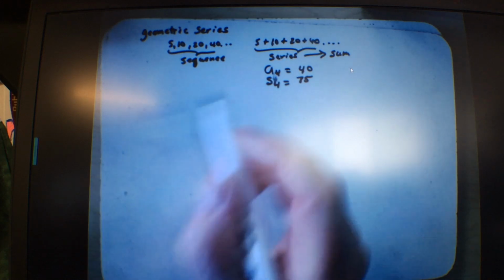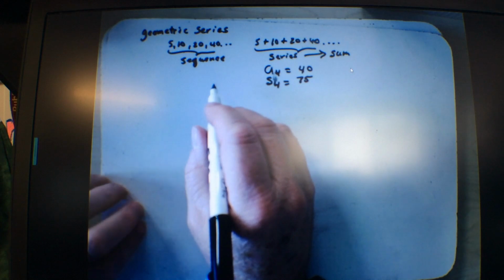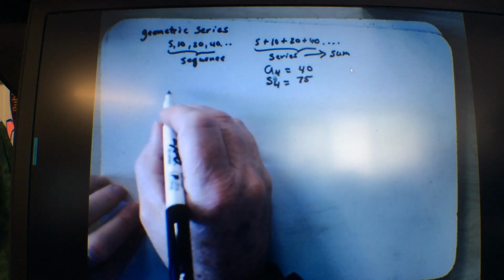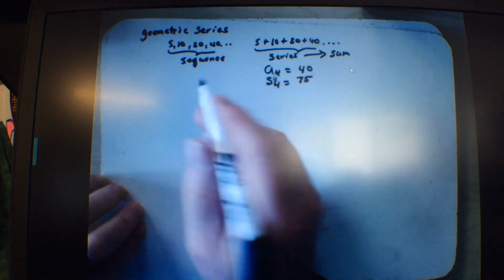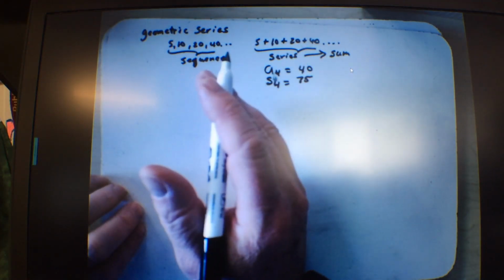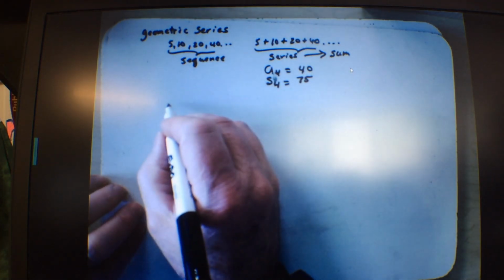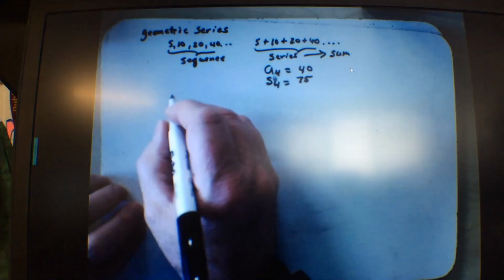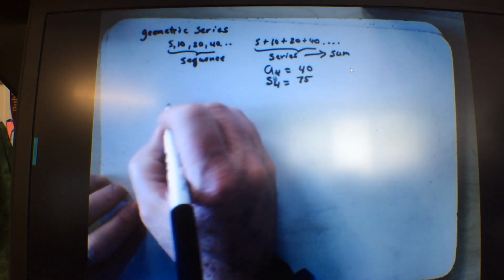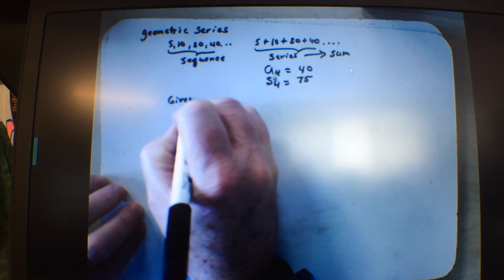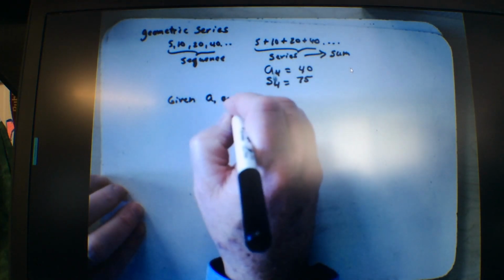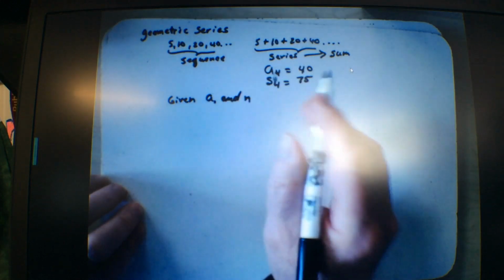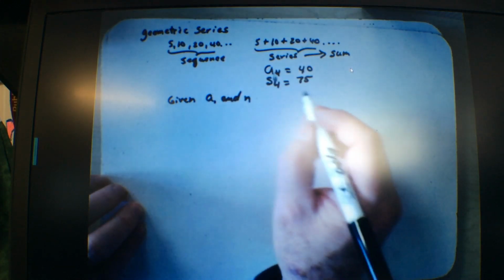Now there are 2 formulas, and I give them to you on the test and quiz. These are the series formulas. I give them to you because they're kind of difficult to memorize. They're not something you need to know offhand all the time. The first one is for when you're given a sub 1, the first term, and n, the number of terms you want to talk about, the 10th term, whatever.